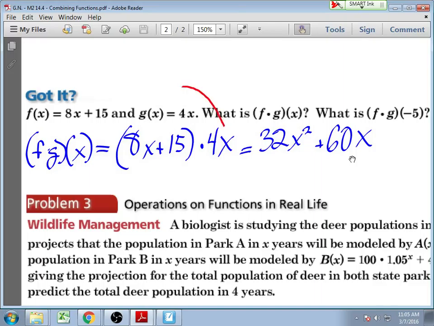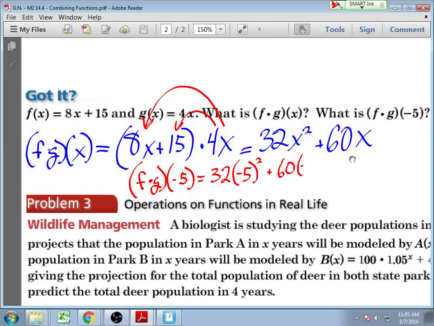So this really distributed, then, for all of the bonus points, 32 times 25, 800.